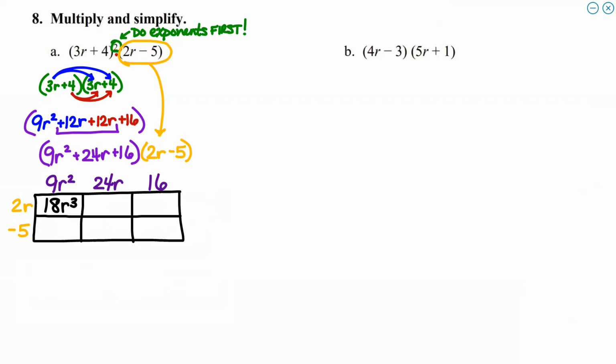And then I'm going to take this top row, 2r, and I'm going to multiply it to the next column. So 2r times 24r. 48r squared. And then I'm going to do the top row with my last column. 2r gets distributed to the 16. 32r.